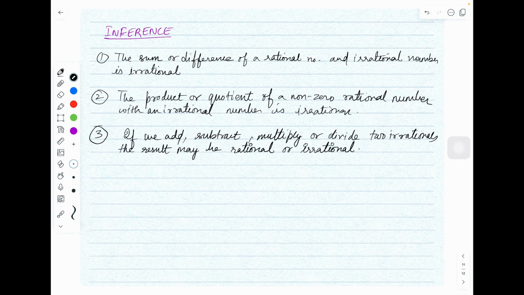Okay, if you add, subtract, multiply or divide two rational numbers, we don't know whether the resultant number will be rational or irrational. That thing is the closure property that I was discussing.